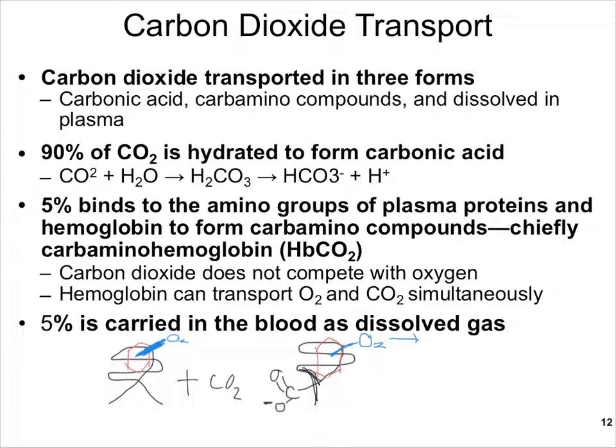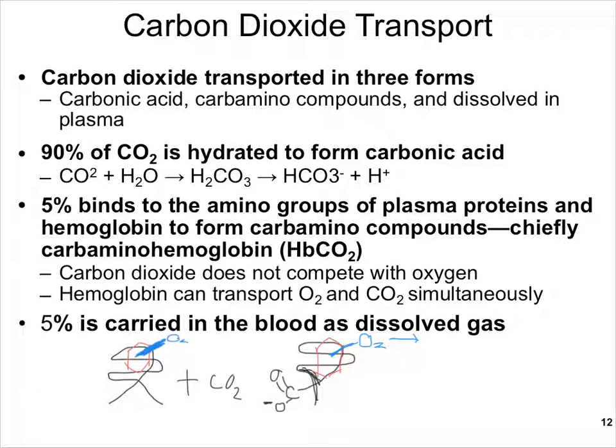That means that the more CO2 you have, the more likely it is that CO2 is going to bind to your hemoglobin, and the more likely your hemoglobin is to release your oxygen. That means that your hemoglobin is going to release oxygen at the greatest level when the CO2 concentrations are highest.